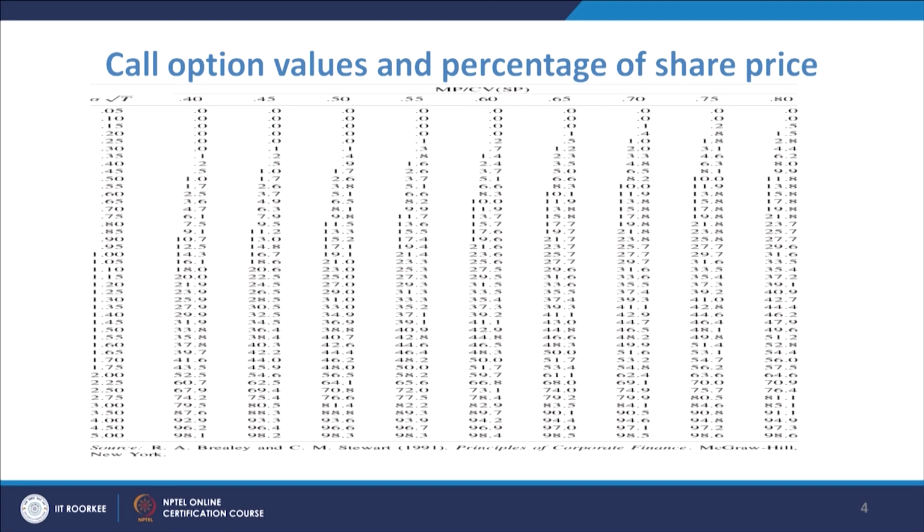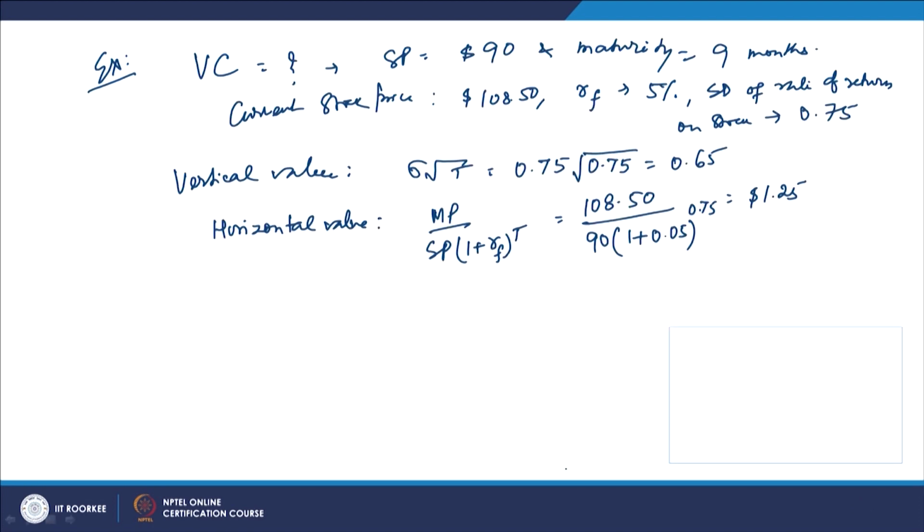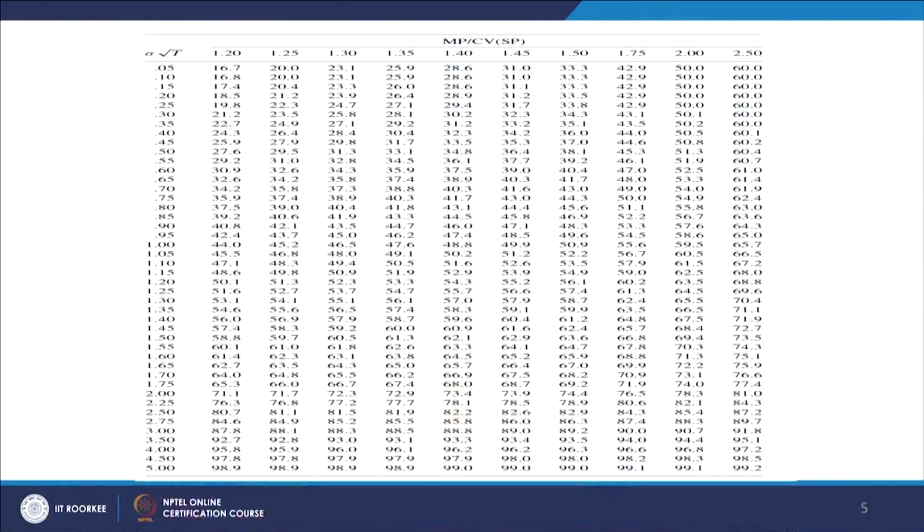So you have sigma root t coming as 0.65, but the MP by CV is coming as 1.25. So you have to go to the next table for 1.25 and for 0.65. This is coming out to be 34.2. So 34.2 is the value.